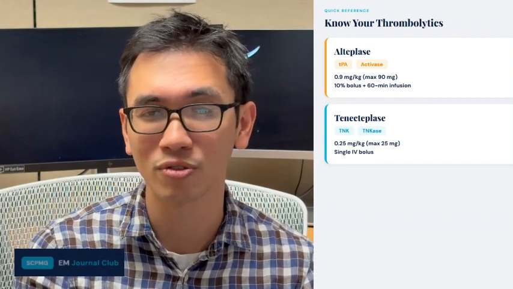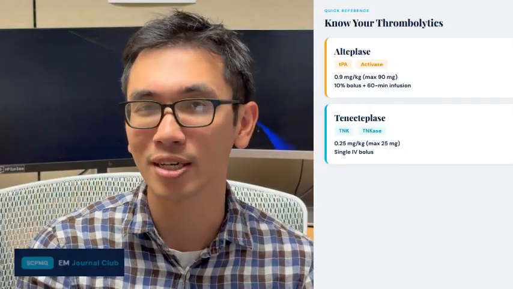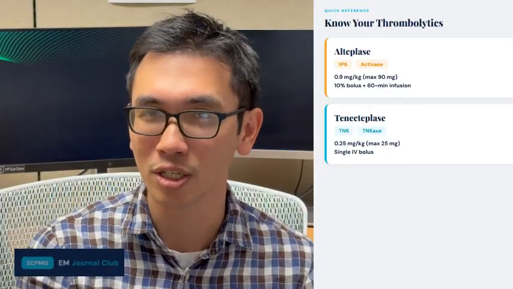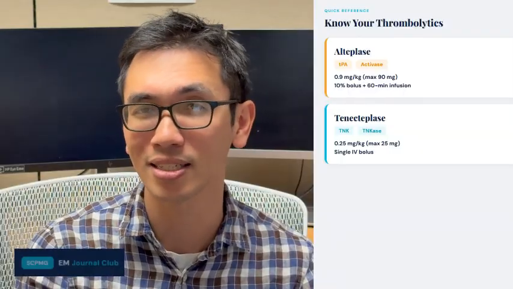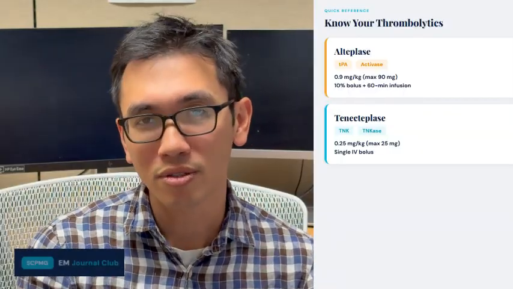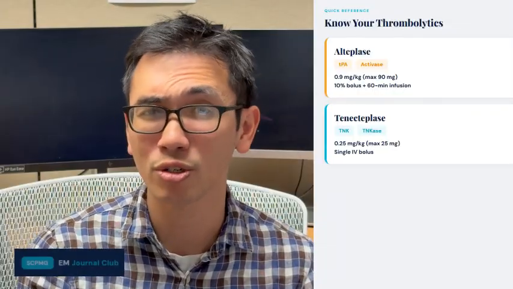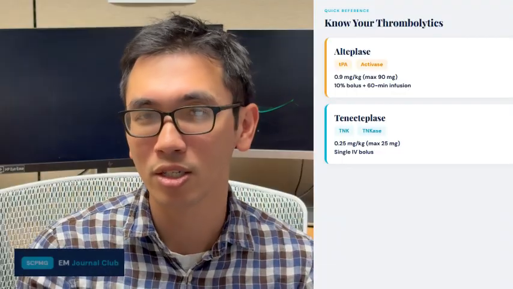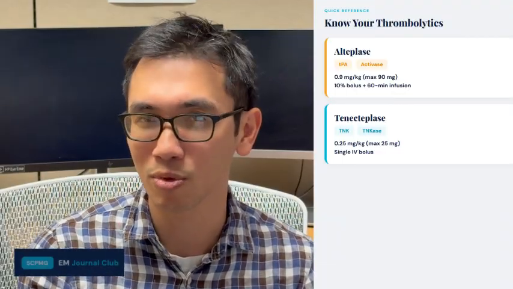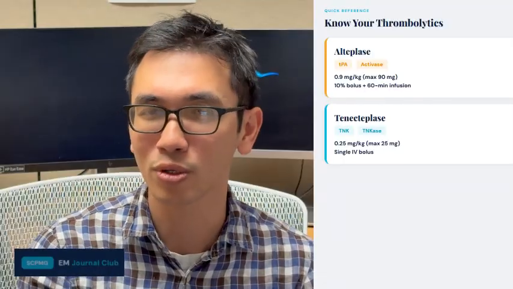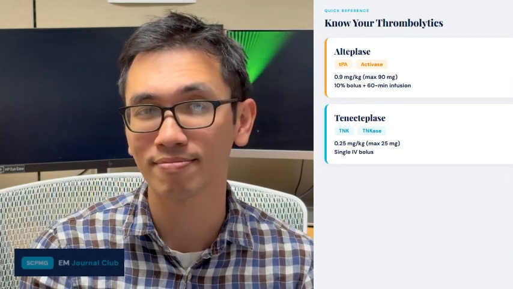Same drugs, different names. Alteplase, TPA, has been the standard IV thrombolytic for acute ischemic stroke since the landmark NINDS trial back in 1995. It works, we know that. But after 30 years, we also know its limitations. The dosing is weight-based, 0.9 milligrams per kilogram, with 10% given as a bolus, and the remaining 90% given as an infusion.